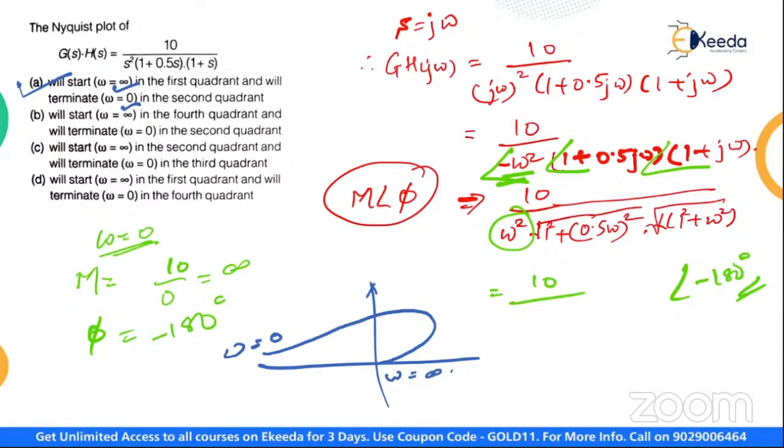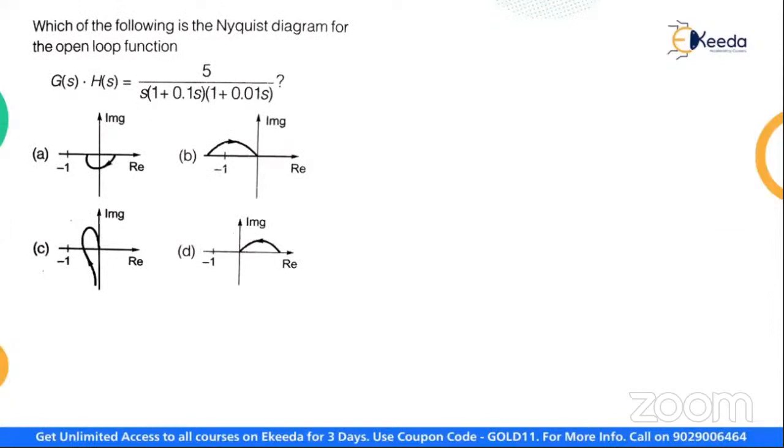Yes. Now let us move on to the next question. See, the next question: Which of the following is the Nyquist diagram for the open loop function?